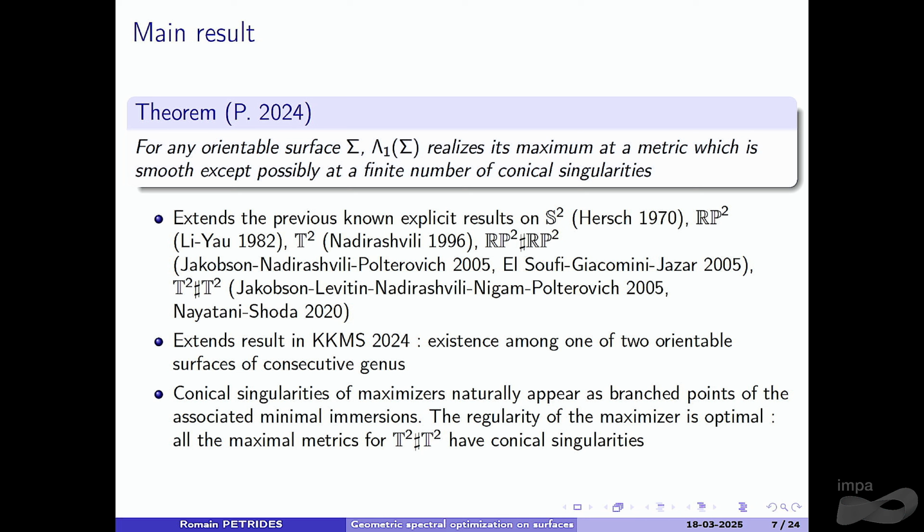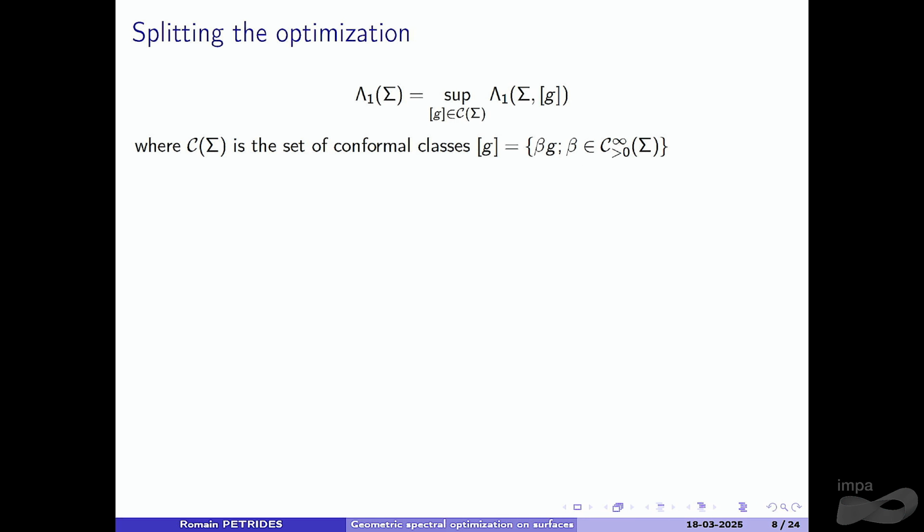Okay, so let's start with the proof of these results, if there is no question at that point. The first thing we do in this case, which is classical in geometric analysis, is to restrict our problem to the conformal class of metrics.